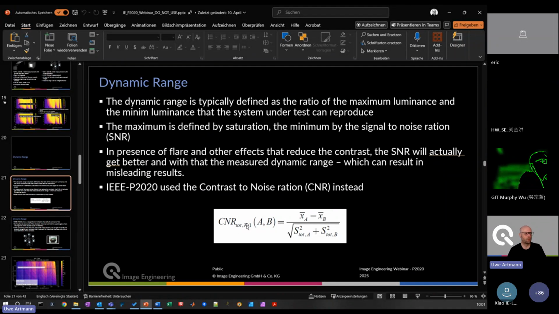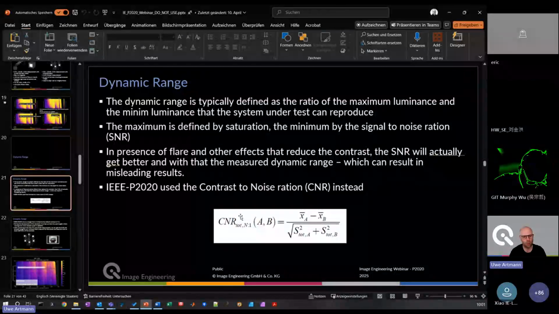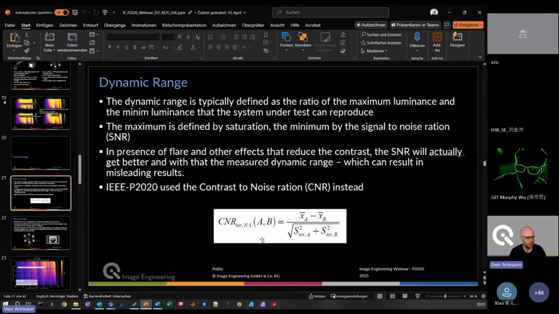So, for example, we can measure the CNR for a contrast of 2:1, but we can also measure for 3:1, 4:1, or even lower. And that's something in the further part of the standard document. The general equation is generic, for any contrast, but later it says you shall measure at 2:1.